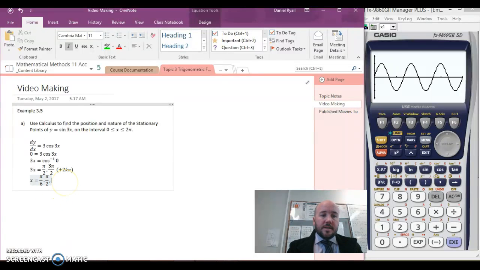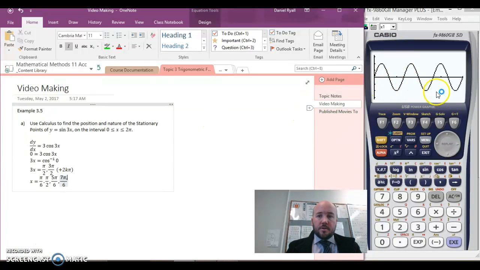So the following solutions, if we're adding multiples of k, are going to be our next maximum, which would occur at 5 pi over 6. Our next minimum over here would appear at 7 pi over 6.